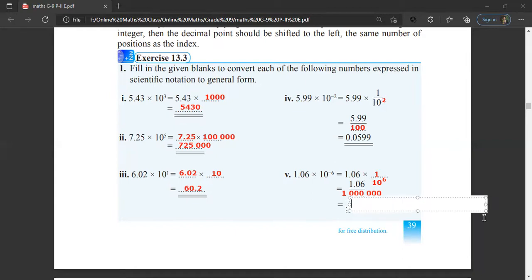Right, that should be 0.00005, with 5 zeros, and 10 to the power 6, right? 5 zeros and 10 to the power 6.